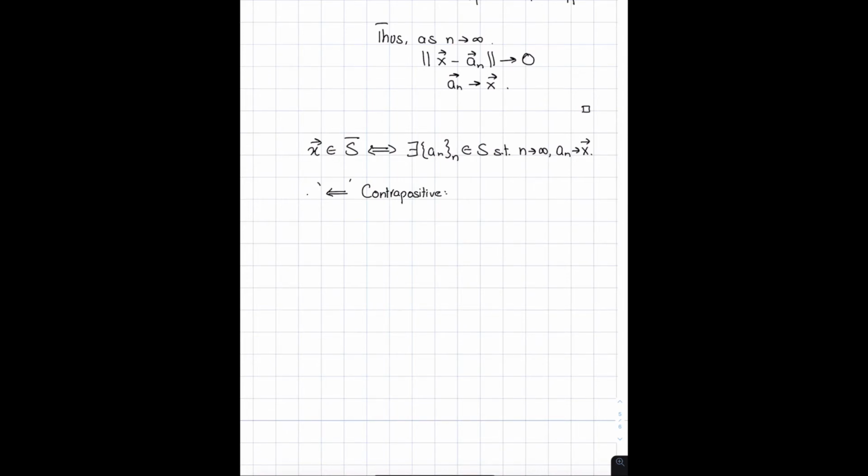And so essentially what I'm going to prove is that if the vector x is not in the interior of S, then for every sequence A of n that is a subset of S, A of n does not converge to vector x. This is my bad. A sequence is essentially a set.